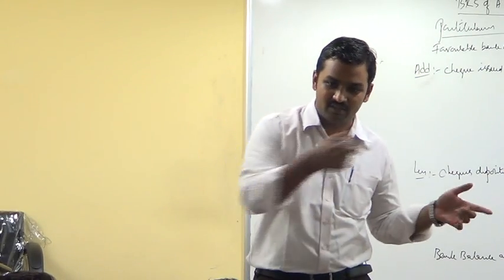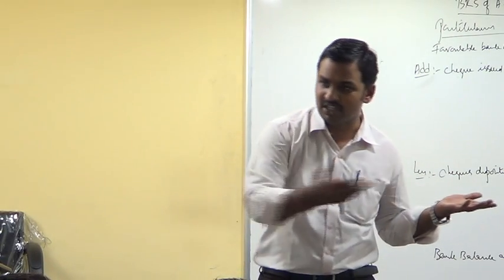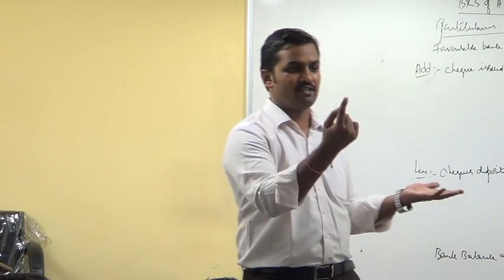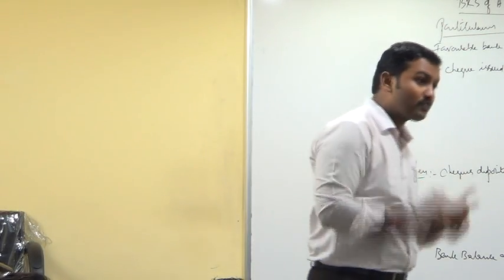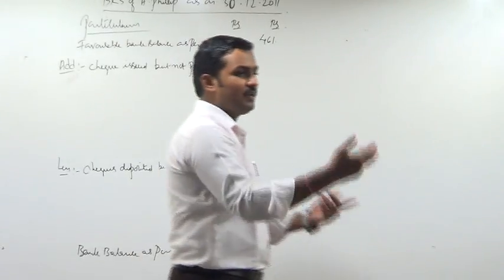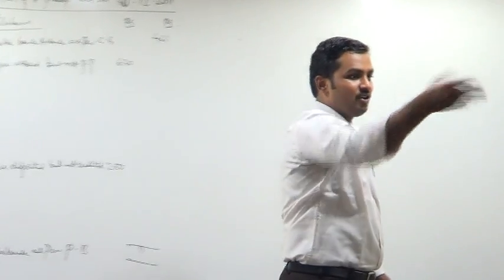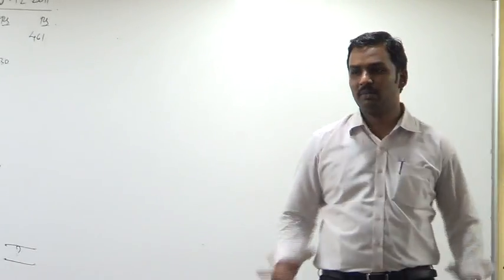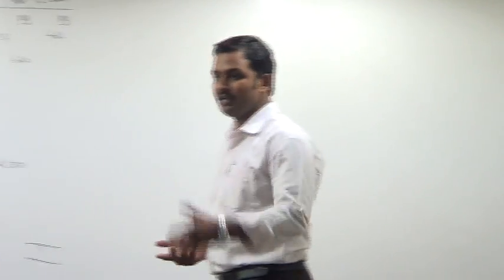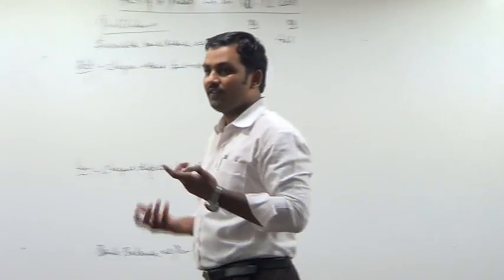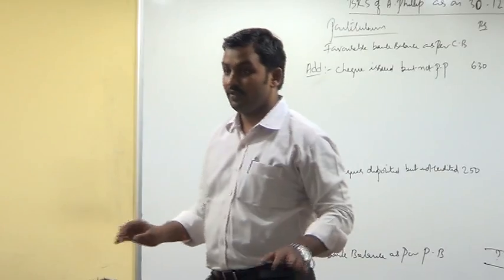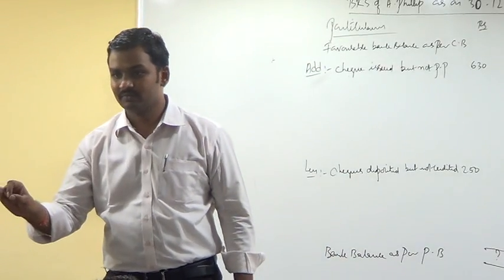But actually, in the case of this check, was the check honored? No. The bank did not receive even a single rupee. The bank should have told us, sir, the check which you have deposited has been dishonored. If you have passed any entry in your books, please cancel it. But they did not inform us. So what will happen? As soon as we receive a check, we record an entry in our books as a deposit.